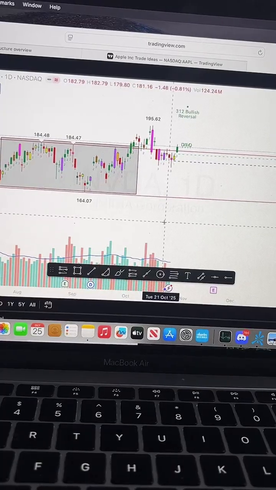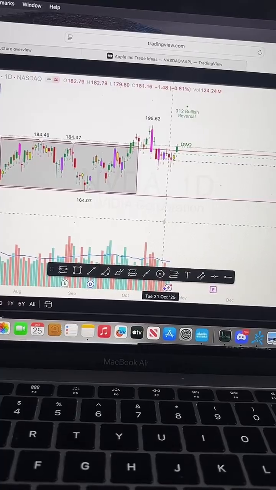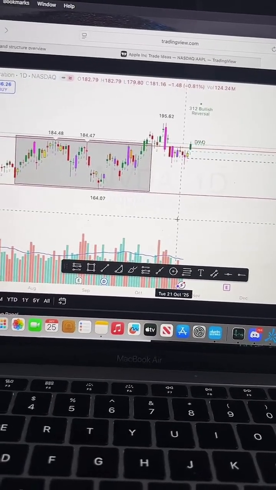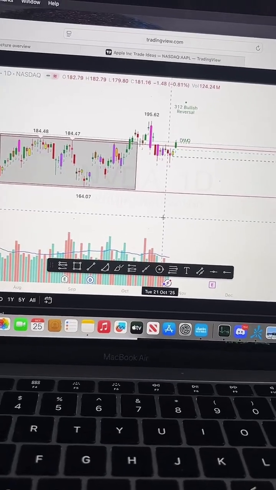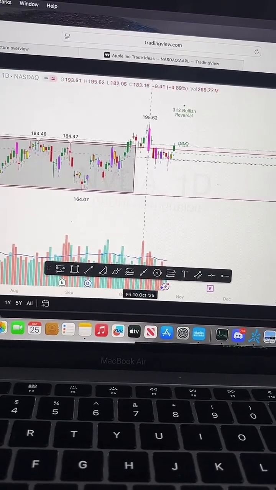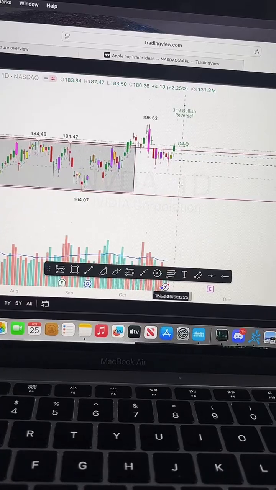So I would say Nvidia is still consolidating. You can look at it as maybe it came down to retest this breakout. So we break out here, and then we come up, and it probably came down to retest. It didn't hold, but we're breaking out again.